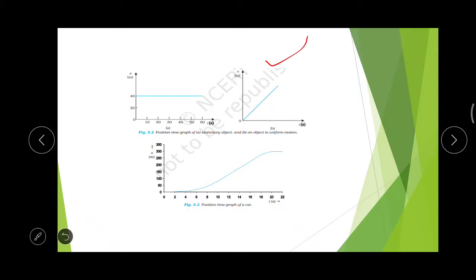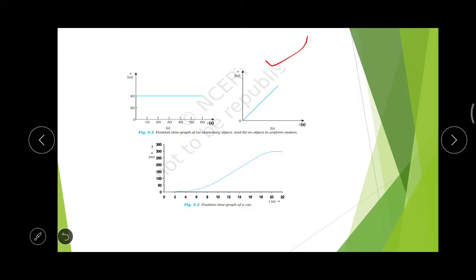Now the next one, that is the motion of a non-uniform motion. In that case we will have a graph like this.